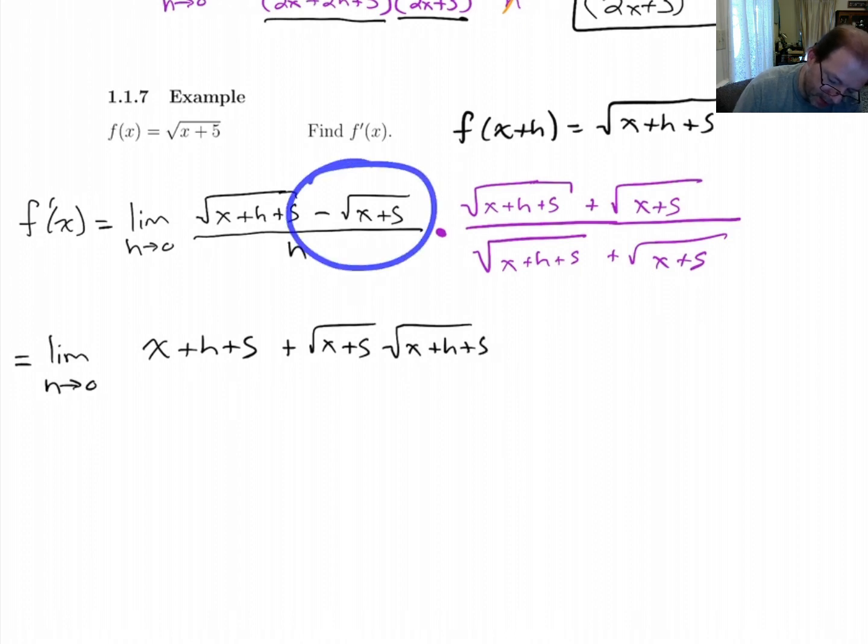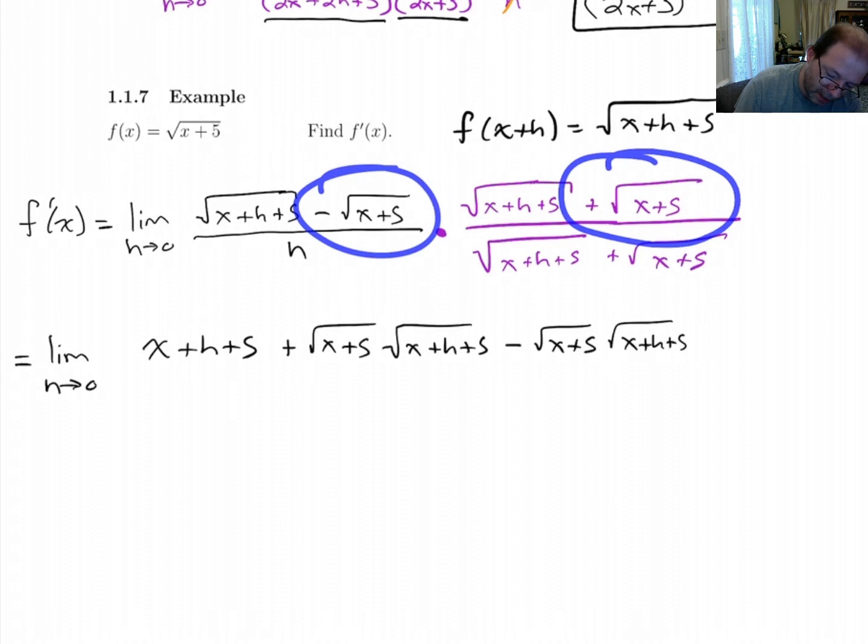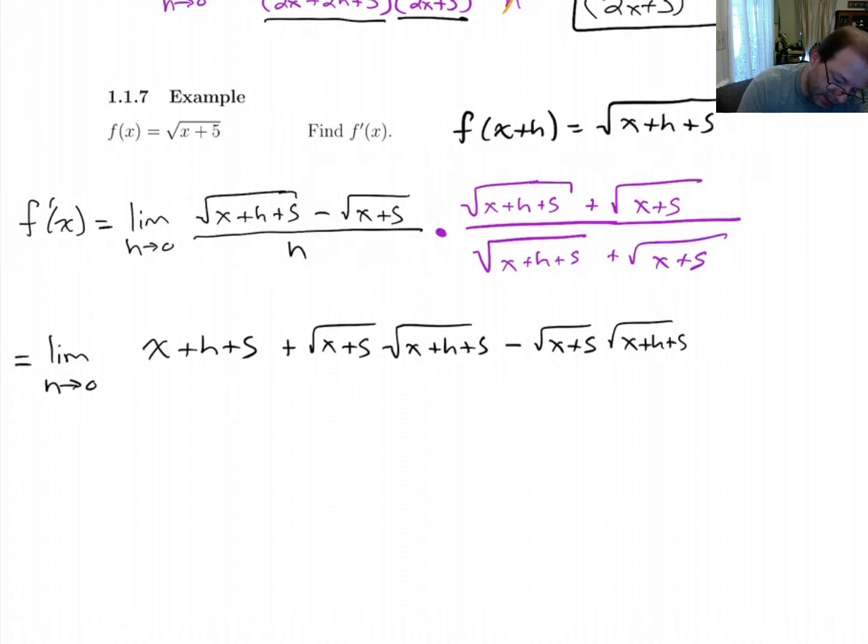When I multiply the inside, I get minus the square root of x plus 5 times the square root of x plus h plus 5. And when I multiply the last, it's a positive times a negative, so it becomes negative. And then it's just x plus 5. The radicals go away.